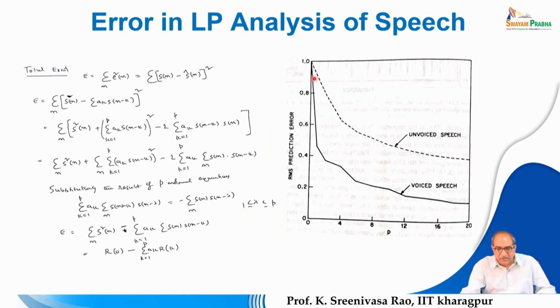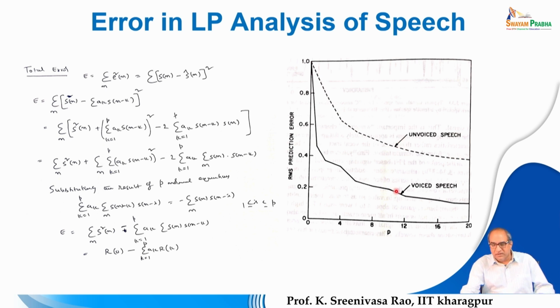Here you can see there are two plots, one with a solid line and another with a dotted line. The plot with the solid line corresponds to the error analysis for voiced speech, and the plot with the dashes indicates the error analysis for unvoiced speech.